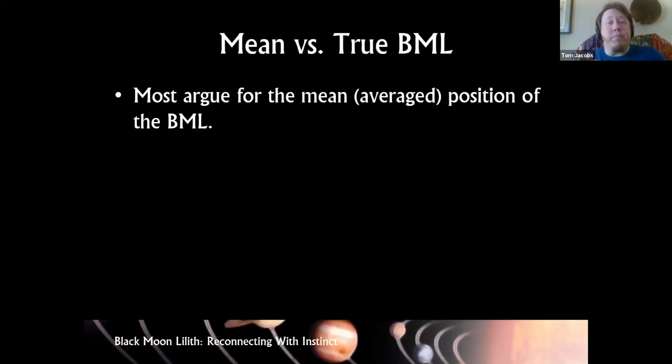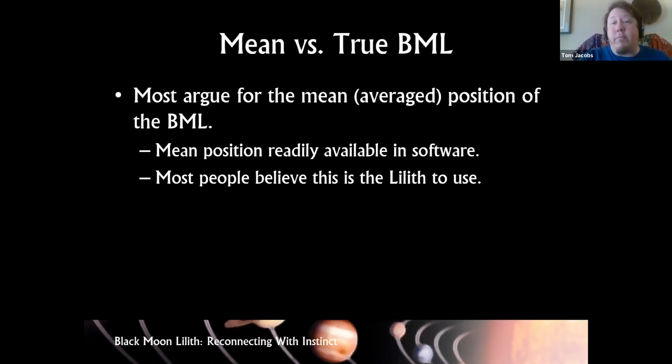Like I said, I use the true position, but most people argue for the mean position, which is its averaged out motion. When you look up on a website and they're talking about Lilith or Black Moon Lilith, odds are the vast majority of sources you're going to find are using the mean position. It's readily available in software.